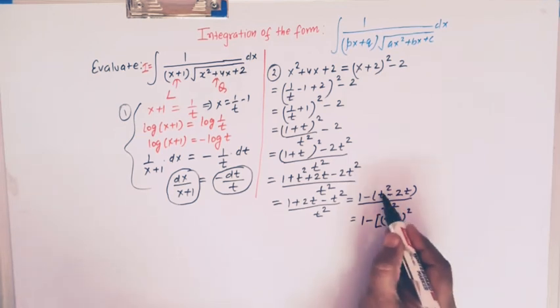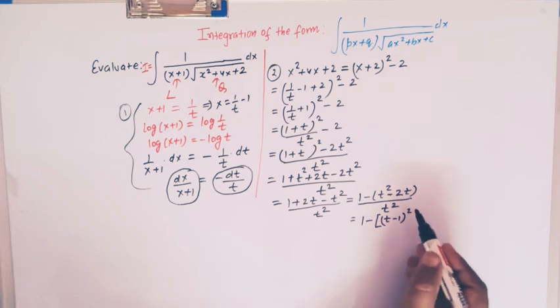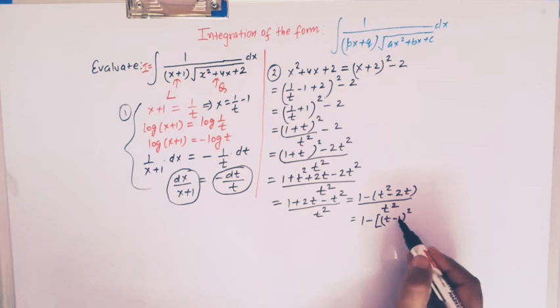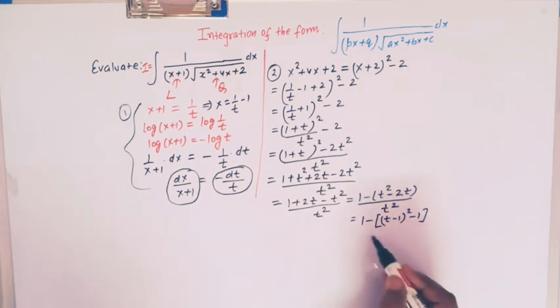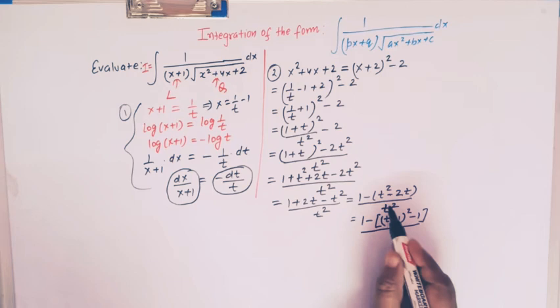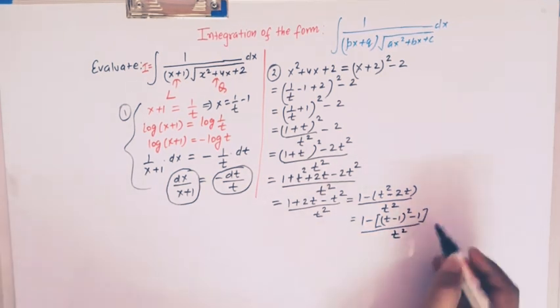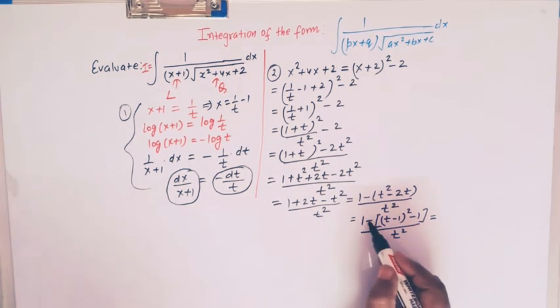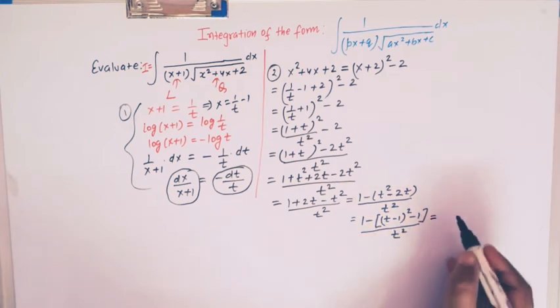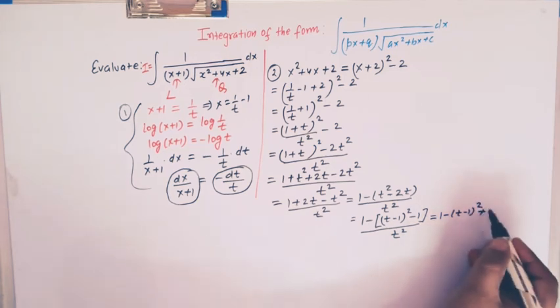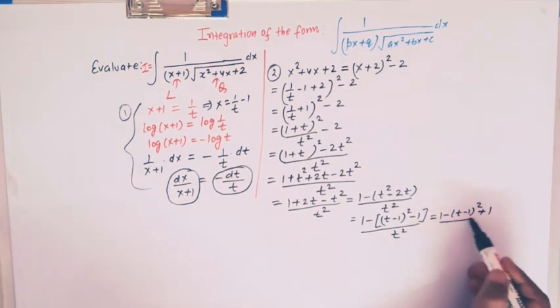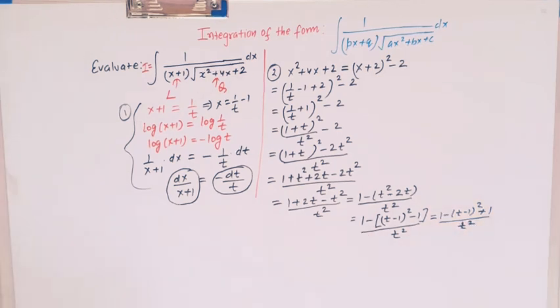So we have t square, then minus 2ab term is minus 2t, and then we have plus 1, that is 1 square, which is 1. So to compensate it, we have to subtract 1, right? And in the denominator we have t square, right? Now taking this negative sign inside this bracket, we have 1 minus t minus 1 square plus 1 over t square, right?